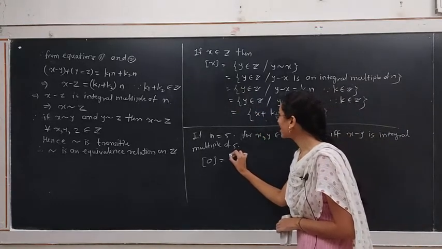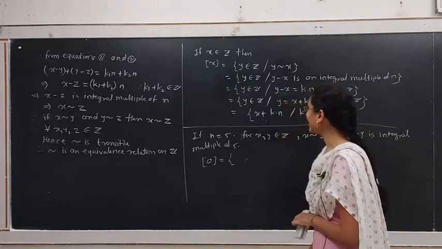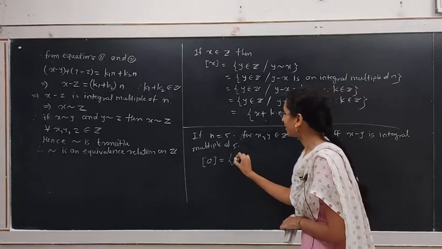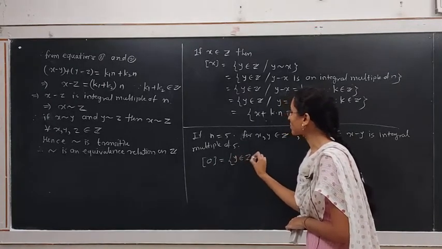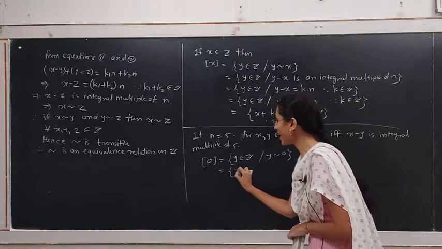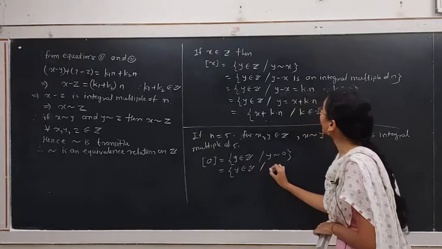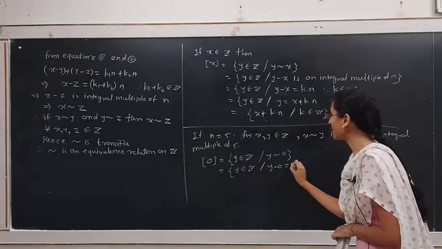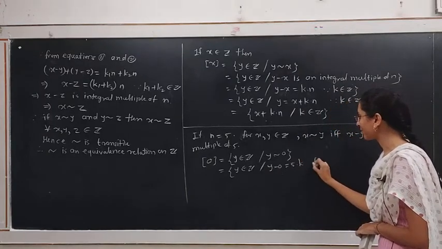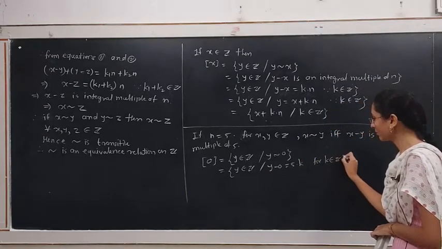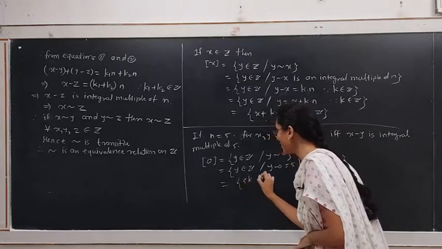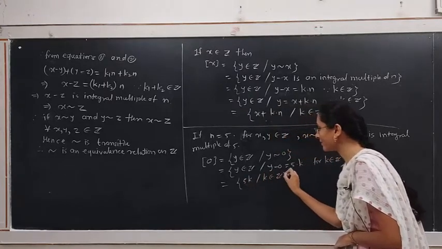It is equal to the set of all y belongs to Z, where y is related to 0. This is equal to y belongs to Z, where y minus 0 is equal to 5 into k, where k belongs to Z. This is equal to the set of all integers of the type 5k, where k belongs to Z.